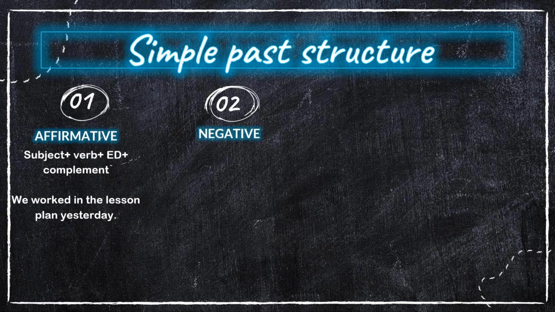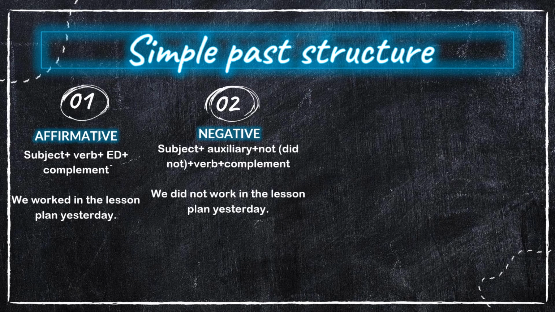Then you have the negative form. Subject plus auxiliary did plus not plus verb plus complement. The example is, we did not work on the lesson plan yesterday. Or you can say, we didn't work on the lesson plan yesterday.